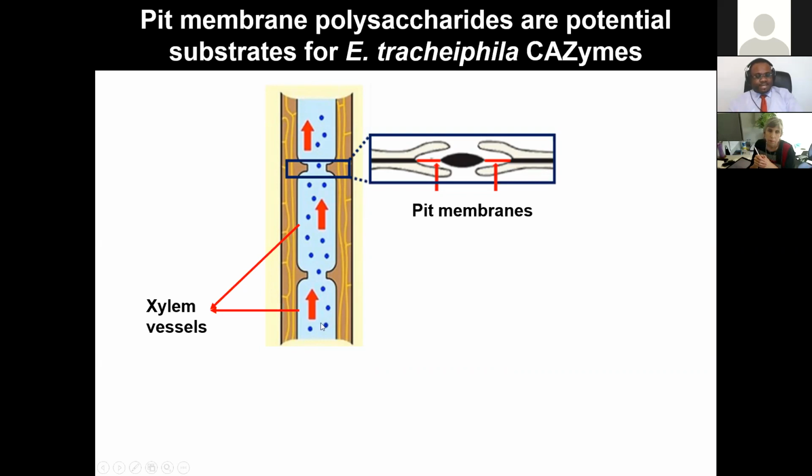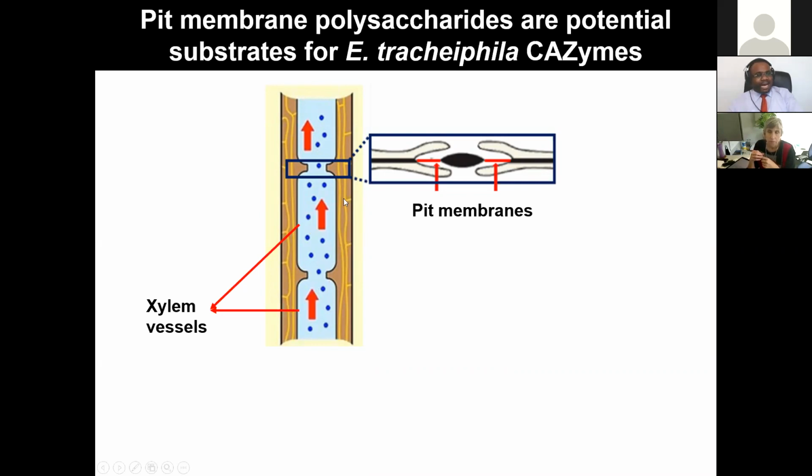If you look at this, these are xylem vessels. When tracheiphila gets in, the xylem being very poor in nutrients, it is going to require these tracheiphila strains to move from one xylem vessel to another in order to maximize their access to nutrients.